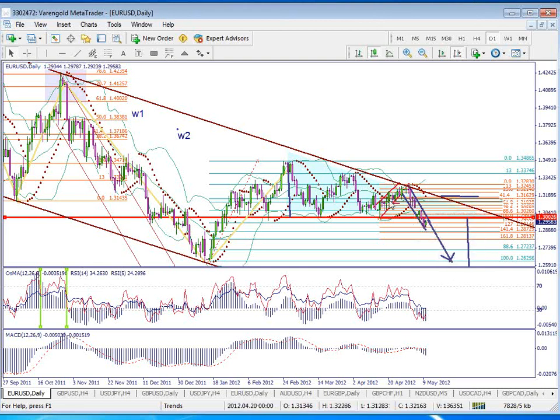But I will not be surprised if we have in this period also divergence to confirm the fact that the euro will go into the down direction. But I'm not using divergence.